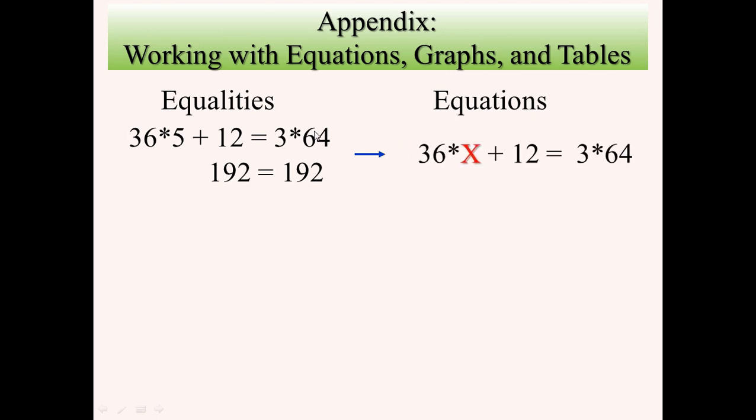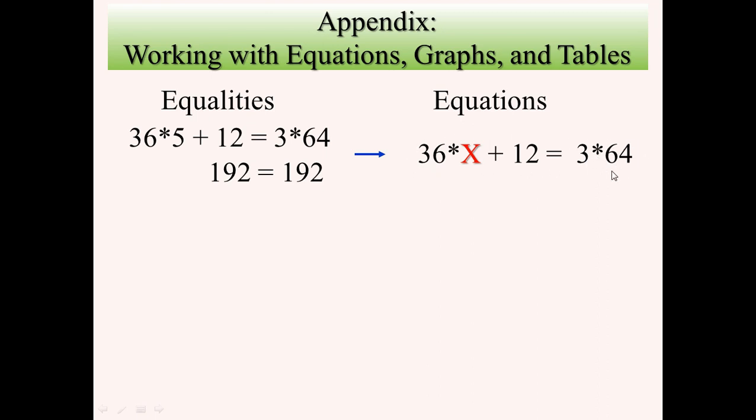I take the first expression, but I change the 5 here. I substitute the 5 by x. That's why this is 36 multiplied by x plus 12 equal to 3 multiplied by 64.